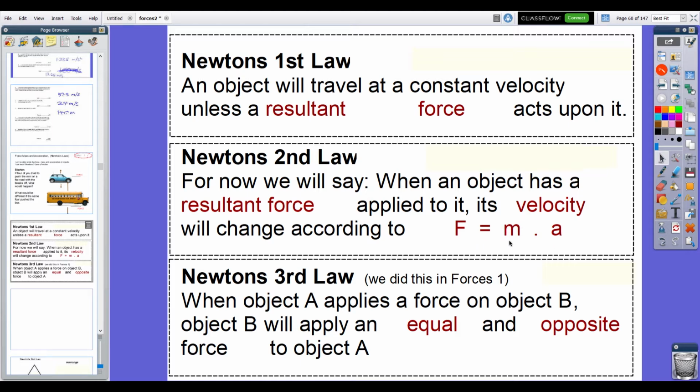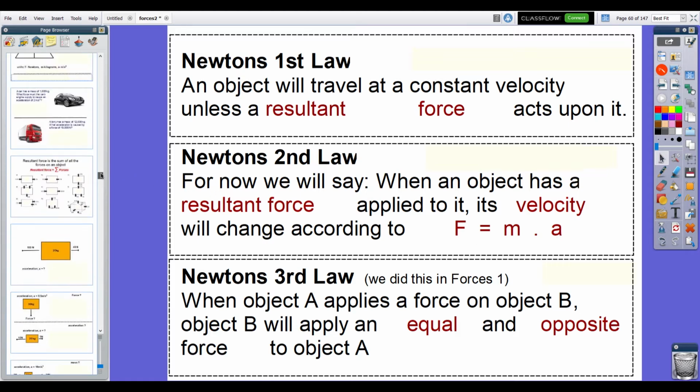In effect, this is what F equals ma is telling you. If you apply a force, then you get an acceleration, and these two numbers multiply together to make the force. So if you have a large mass, then for a given force you only get a small acceleration. But if you apply the same force to a small mass, you get a much larger acceleration.